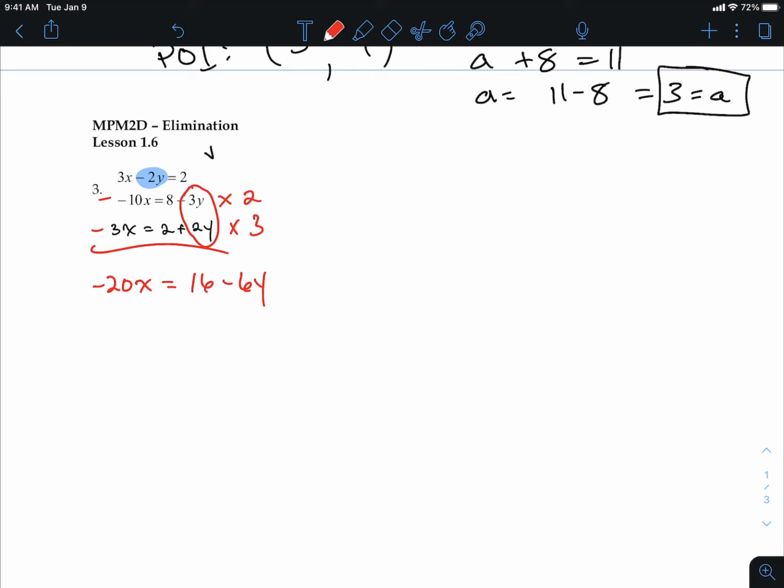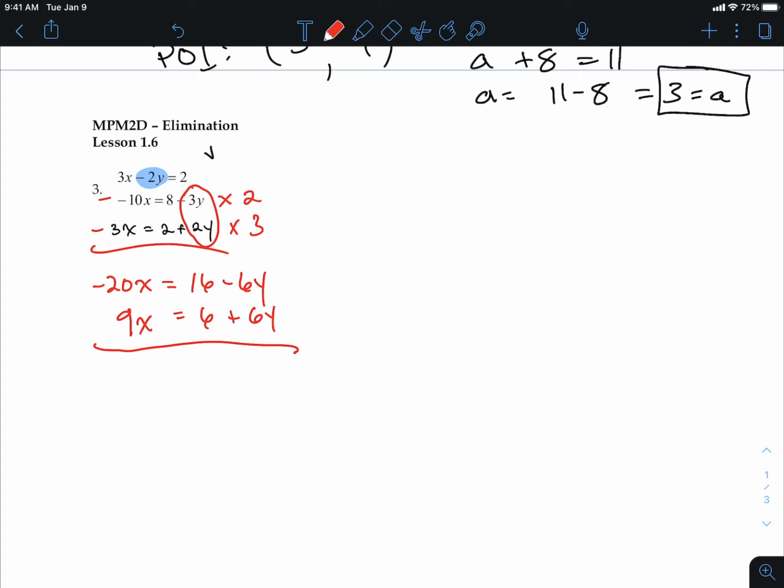And then in the bottom one, I'm going to multiply the bottom one by 3. 9x is equal to 6 plus 6y. We okay? This is as hard as it comes, aside from having decimals and things. This is as hard as you're going to get for the test, per se. Yeah, Coco.